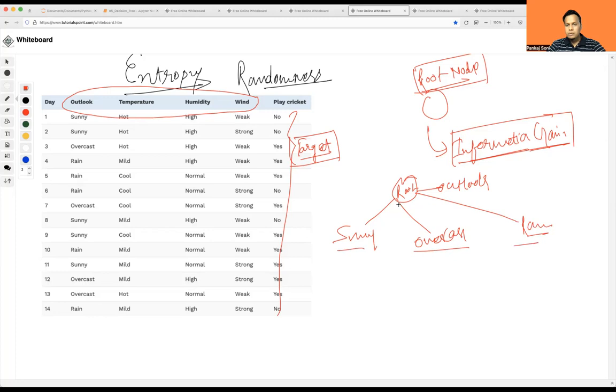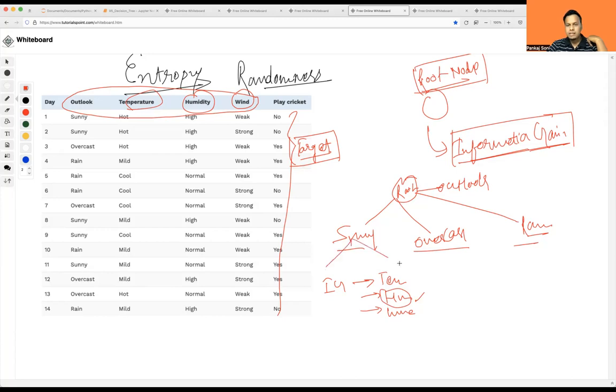Now, which child node is going to come under this, whether it is temperature, humidity, or wind? Again we are going to calculate information gain for temperature, then humidity, then wind. Let's say humidity comes under sunny.